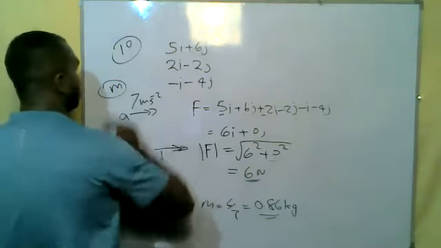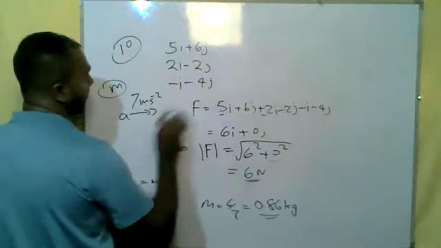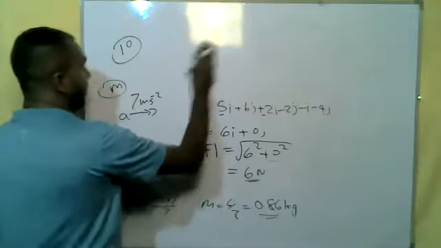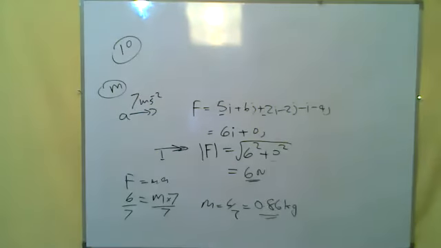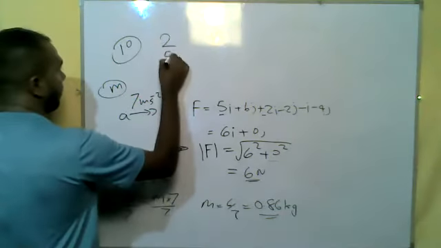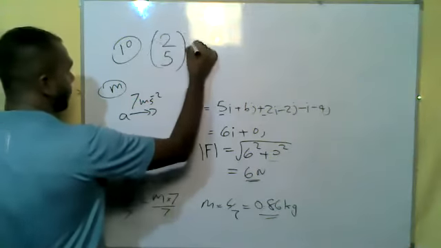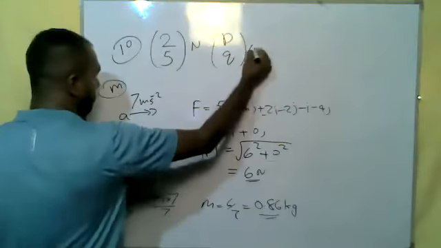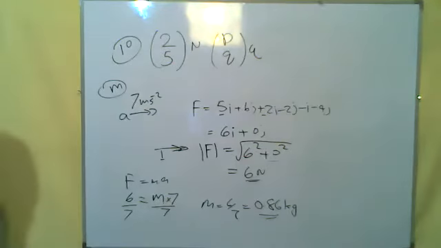Okay, let's see. Question number 10. There are two forces: 2, 5, and P, Q. These are the two forces acting upon the mass of M.